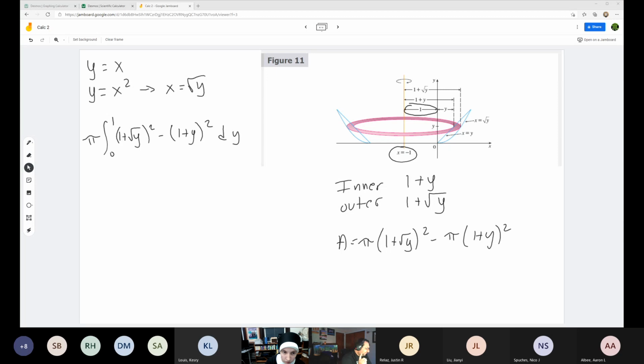All right. I'm going to FOIL this one out just so you can see it. Because the square root is in there, it makes it a little more complicated when you're dealing with the exponents, and I want to make sure you actually see what the values are. So we have 1 plus 2y to the 1/2 plus y, minus (1 plus 2y plus y squared).